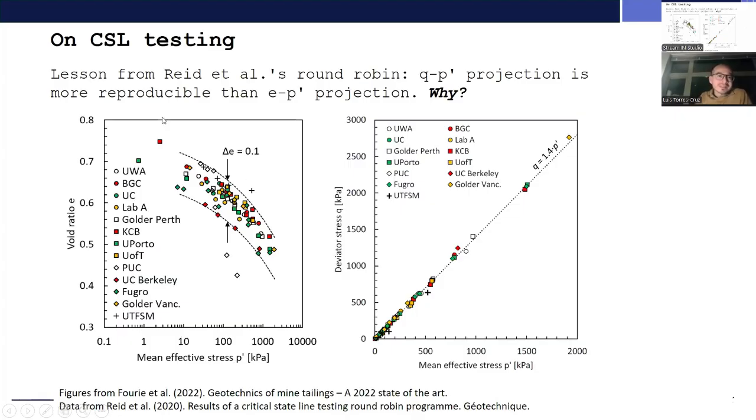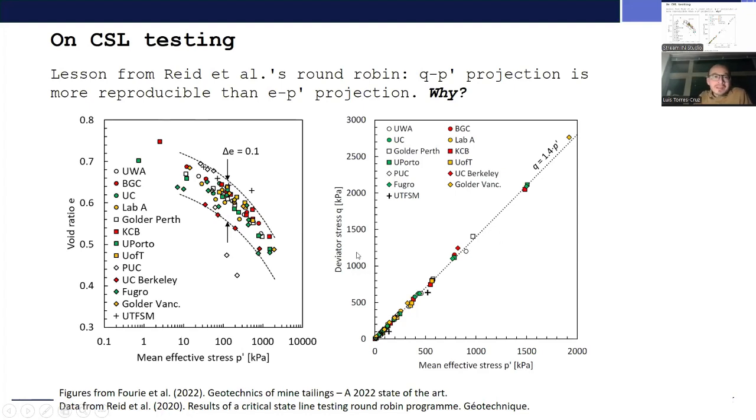Let's call this the state plane. And on the right-hand side, we have the deviator stress versus the mean effective stress, the stress plane. And we have the data from all the laboratories in both planes.